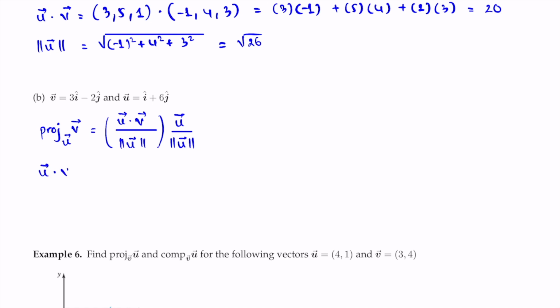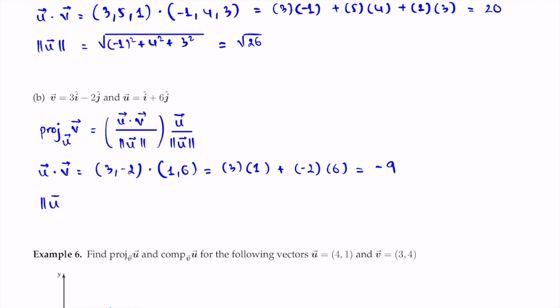So u dot v is equal to 3, negative 2, dot 1, 6, or 3 times 1 plus negative 2 times 6. This gives you negative 9. And the magnitude of u is the square root of 1 squared plus 6 squared.